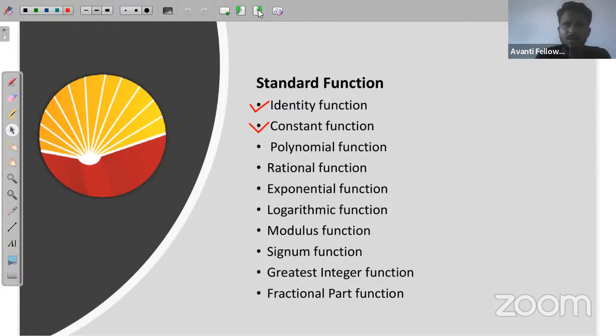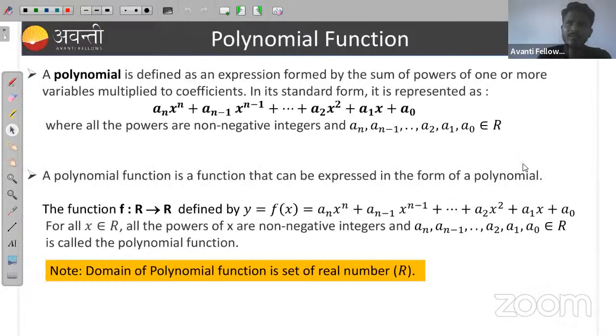We saw the identity function and the constant function. So let's start with the polynomial function. From your class 8th, 9th, you saw what a polynomial is, so you know everything about it.